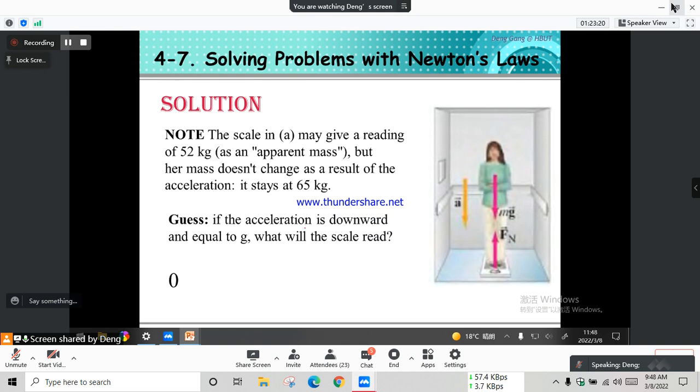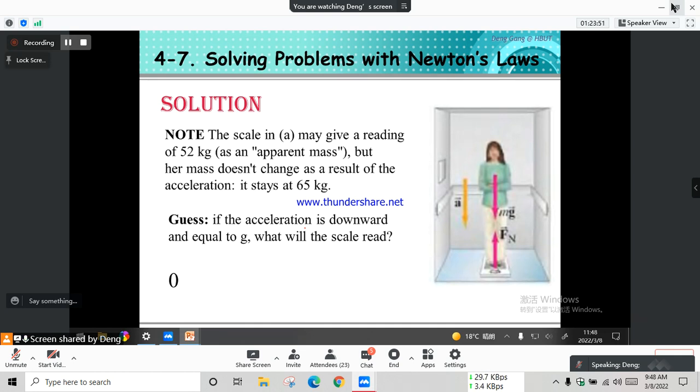So if the acceleration is down and equal to g, what's the scale read? 0. So if it's not moving down with acceleration g, it's moving up with acceleration g. What's the result on this scale? It will be twice, right?